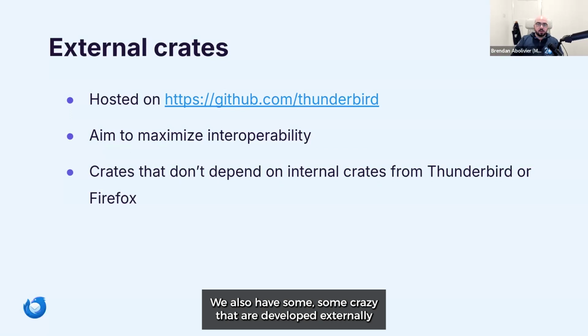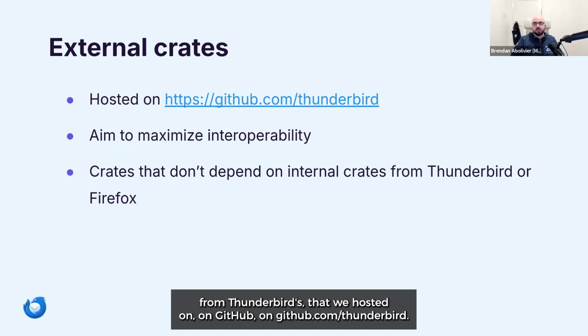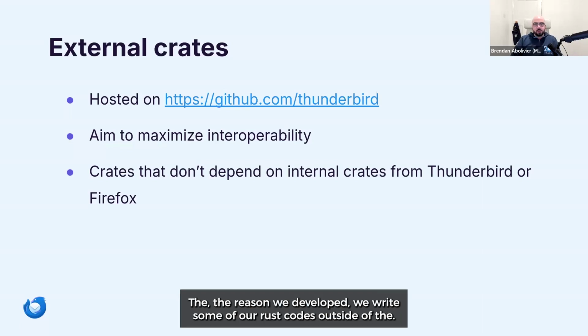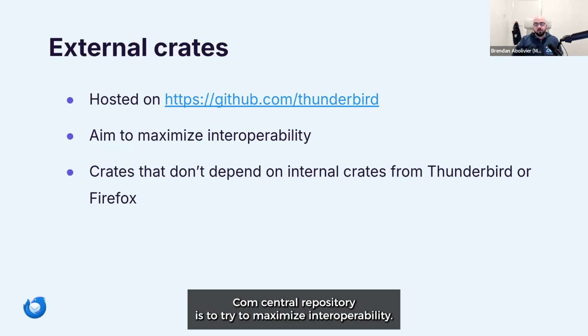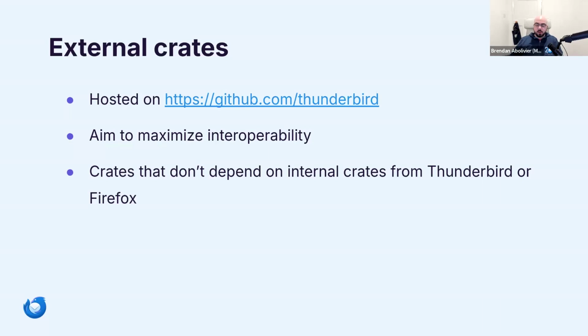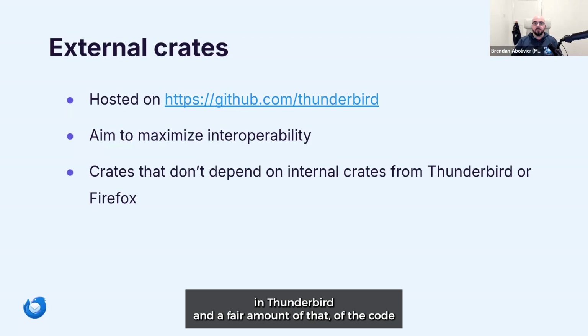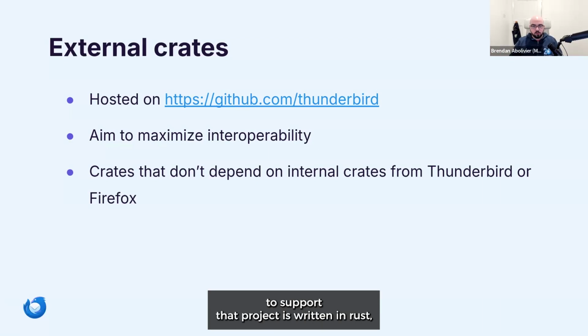We also have some crates that are developed externally from Thunderbird that we host on GitHub, on github.com/thunderbird. The reason we write some of our Rust code outside of the comm-central repository is to try to maximize interoperability. For example, one of our big projects at the moment is supporting Exchange in Thunderbird, and a fair amount of the code to support that project is written in Rust.